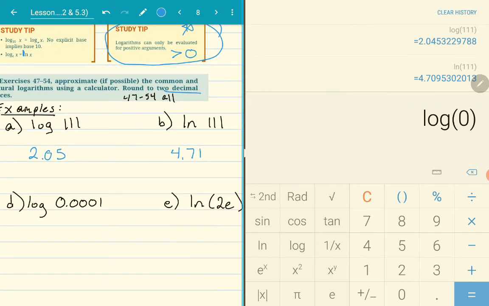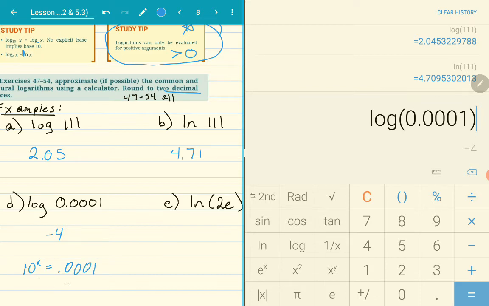Okay, but what about a number that's very, very close to 0? Let's try log of 0.0001. I get -4. That's interesting. So this one I actually could have done exact because that is really the log of, remember, base 10. So that's 10 to the what equals 0.0001.